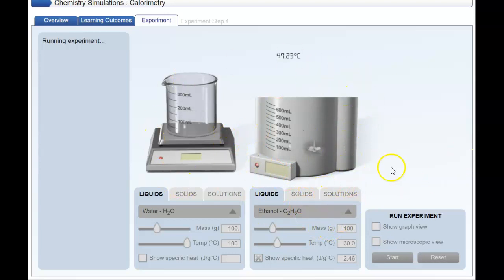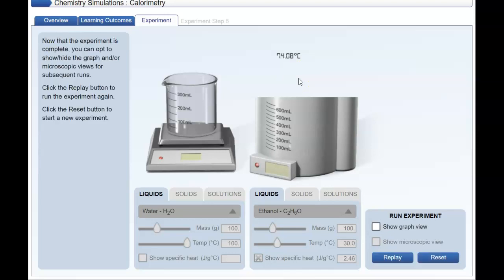And as you can see, the mixture of water and ethanol, at some point, will have the same temperature, or in other words, they will reach thermal equilibrium. If the temperature here stops, it means they have reached thermal equilibrium. So suppose the temperature stops. As you can see, it stops at 74.08 degrees Celsius.